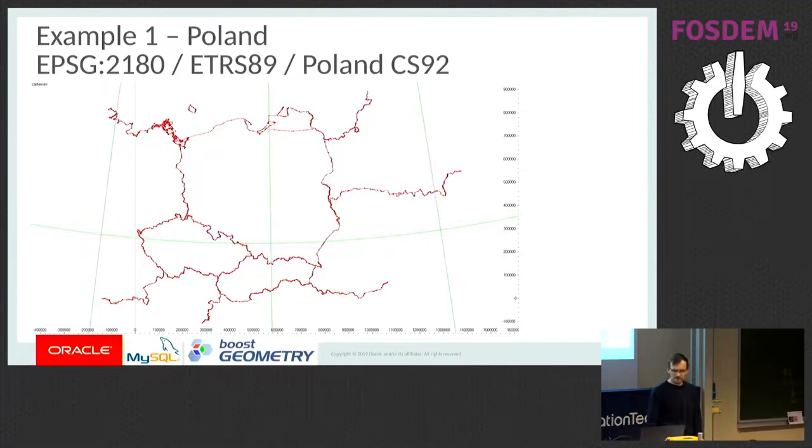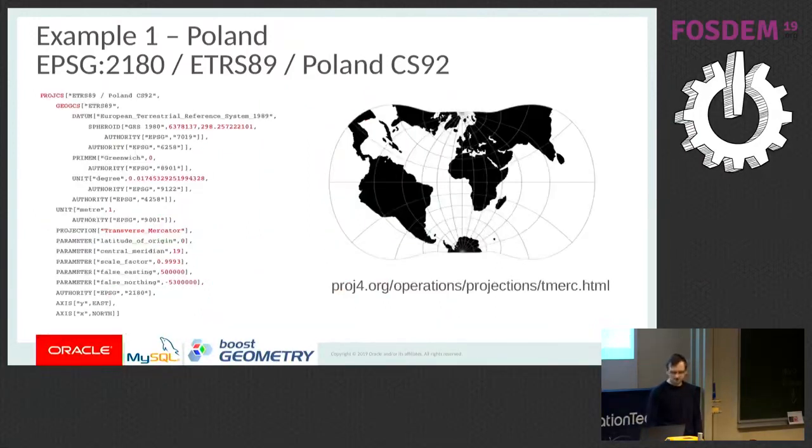And the SRID is called, there are two other names behind the EPSG code, and the first one is the European one, and the last one is the Polish name for this projection. So how is it defined? This is the definition in WKT. As you can see, it's on a different spheroid than WGS84. It's the fourth line.